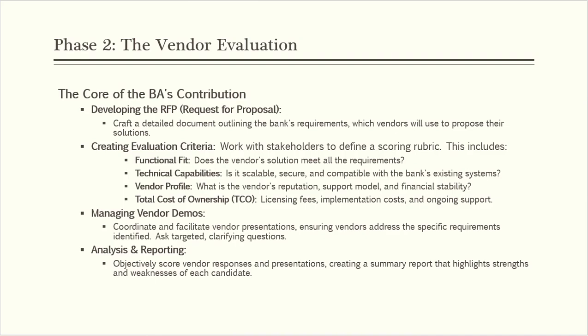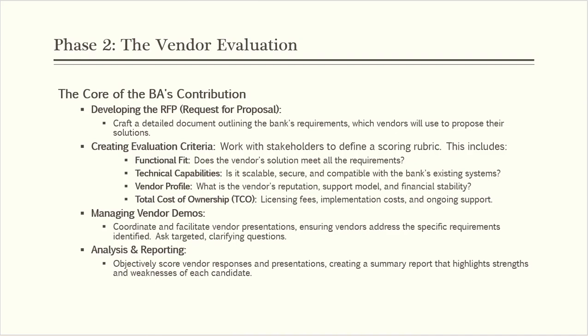Then managing vendor demos: vendors will demo their product or functions. So attend those demos, ask questions to the vendor, gather requirements, understand the product of the vendor, and identify whether the vendor product is sufficient for the banking transaction monitoring system within the budget, including implementation cost and ongoing support.